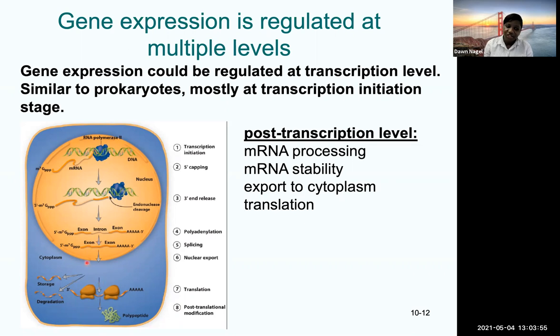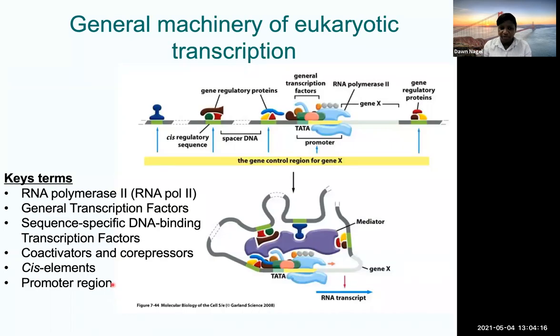There's a lot of regulation happening at this export into the cytoplasm. And once it gets into the cytoplasm, there's lots of regulation that happens even before it starts being translated. But for this lecture, we'll mostly be talking about what's happening at the transcription level.